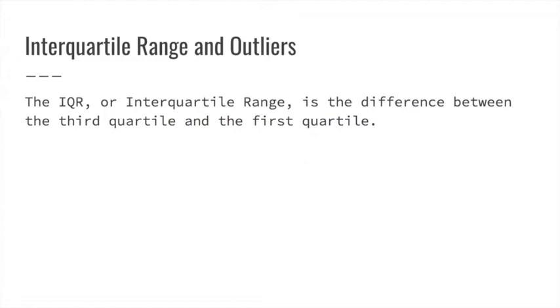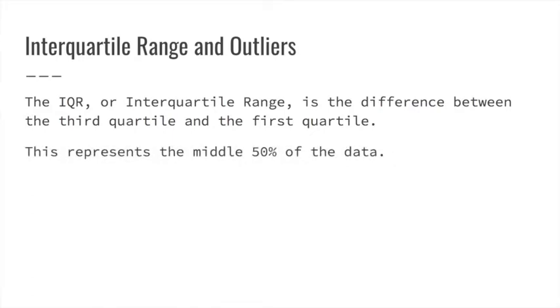So basically, to find this, you subtract Q3 minus Q1, or third quartile minus first quartile. What that does is give you a range of values for the middle 50% of the data. Q1 separates the bottom 25%, Q3 separates the upper 25%, so that leaves us with the 50% in the middle.